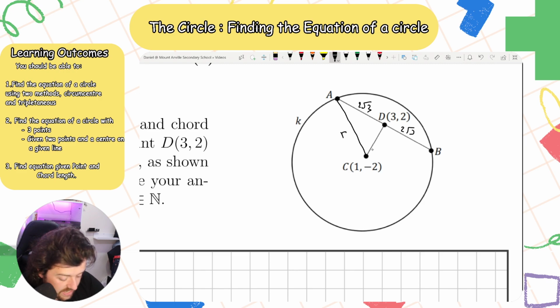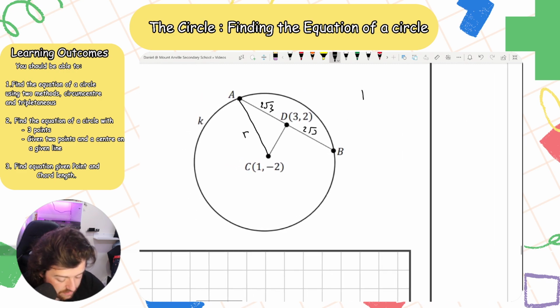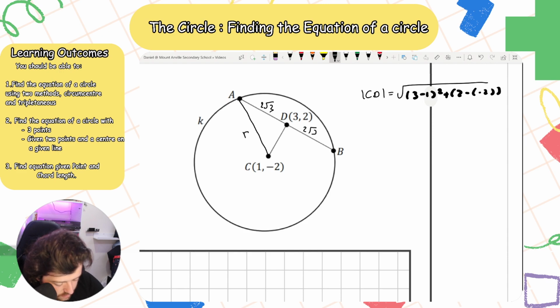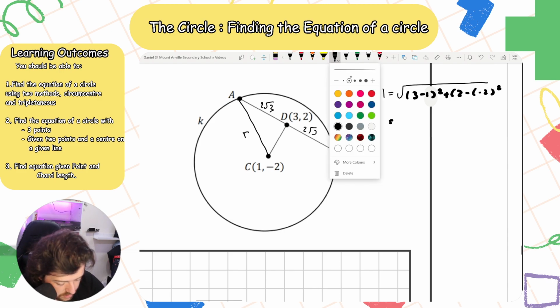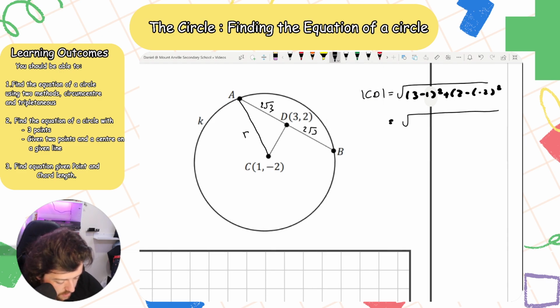So the center splits the chord in half. And I can find the distance here between C and D using my distance formula. And that is equal to 3 minus 1 squared plus 2 minus negative 2 squared, which is equal to 2 squared plus 4 squared, which is equal to root 20.